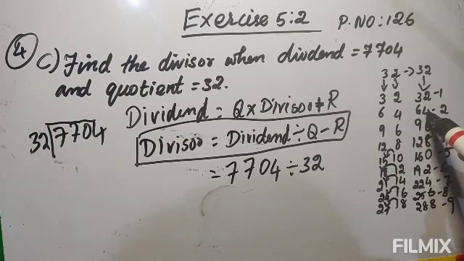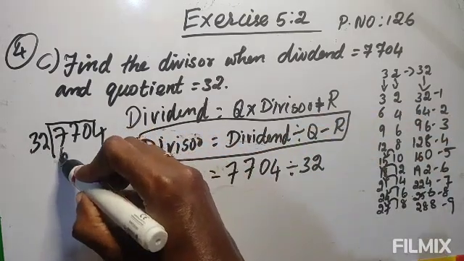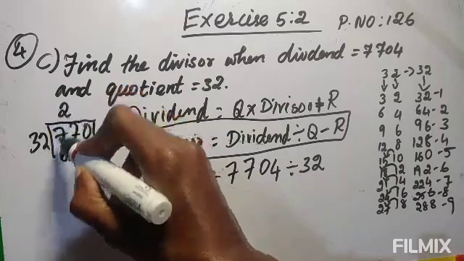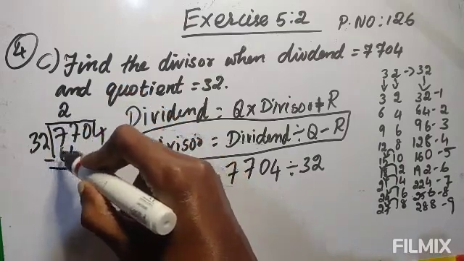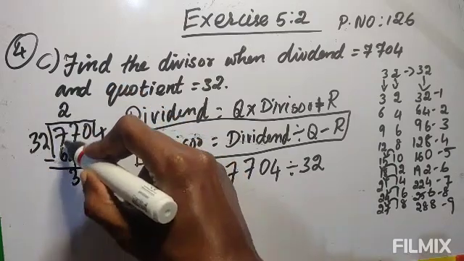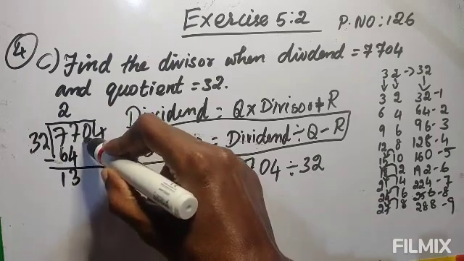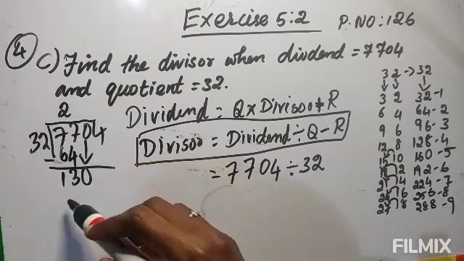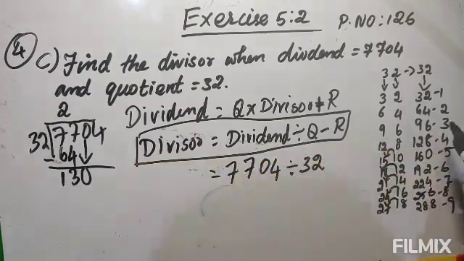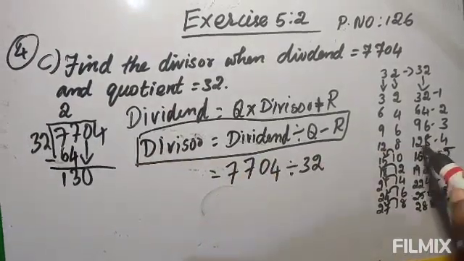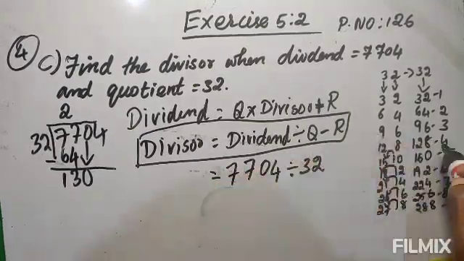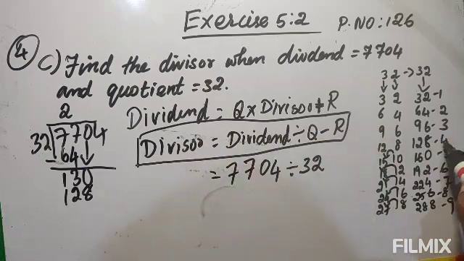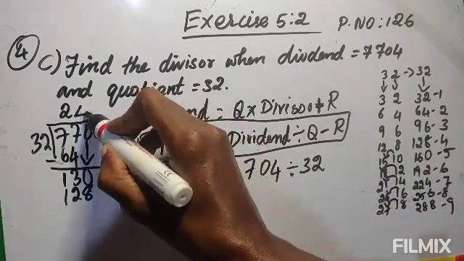Smaller than 77, 64 is there, so 64 we will write here. 64 is 2 times, so we write on the top 2. Then you have to minus: 7 minus 4, 3, 7 minus 6, 1. Now you take the next digit down, this is 0. So now 130. 130 is not here, but smaller than that, 128 is there. 128 is 4 times, so we write here 4.